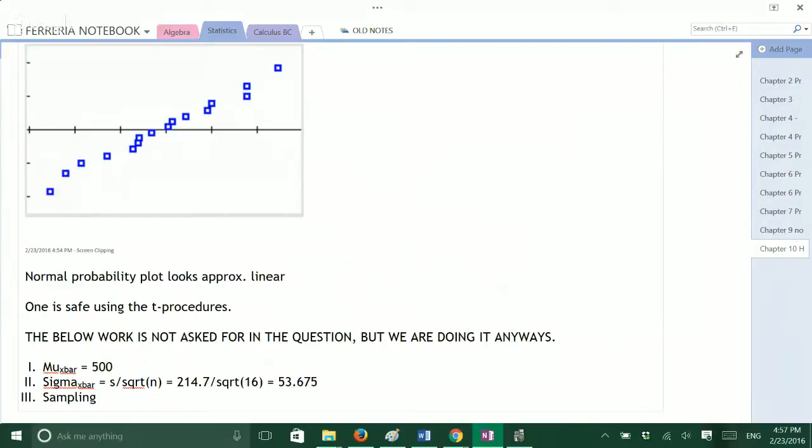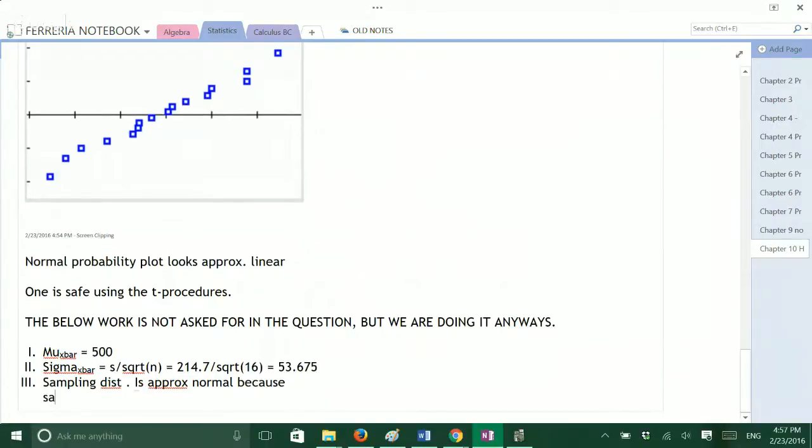Sampling distribution is approximately normal because, number one, small sample that is centrally weighted with no outliers. And that's all we have to write.